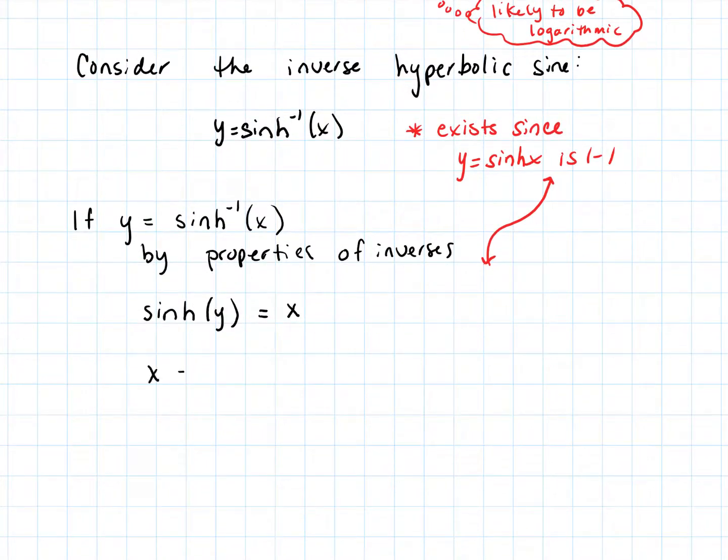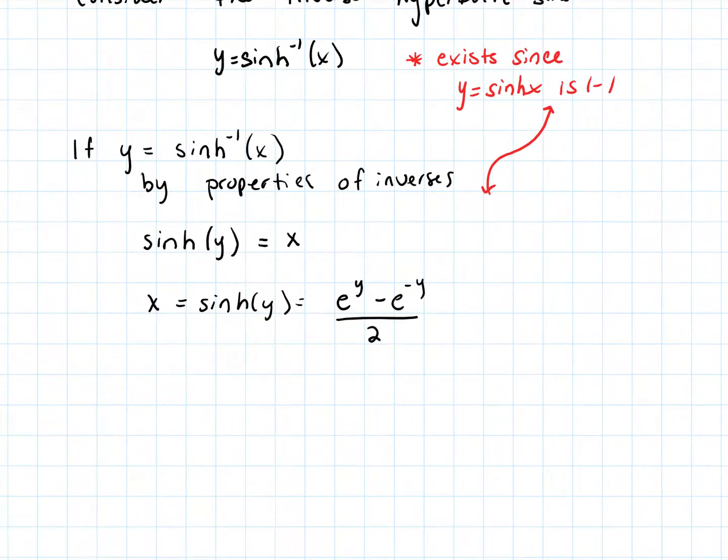But if that's true, the hyperbolic sine of y is just e to the y minus e to the negative y over 2. So 2x actually equals e to the y minus e to the negative y. Well, what am I going to do with this? If I want to solve for y, why don't we go ahead and get it equal to 0? So let's subtract the 2x, and I'm just going to flip-flop sides.